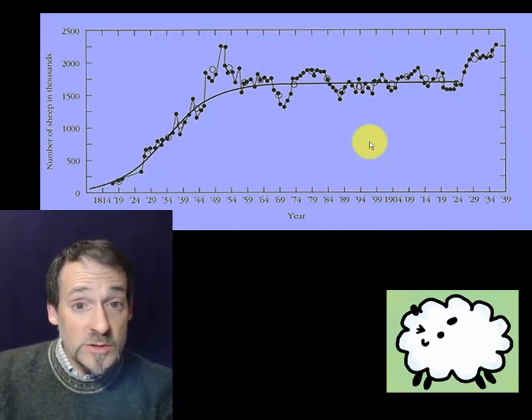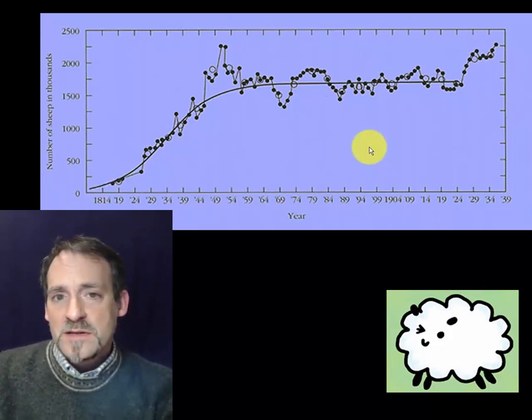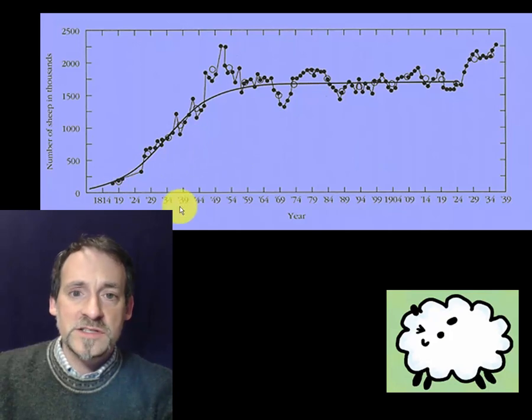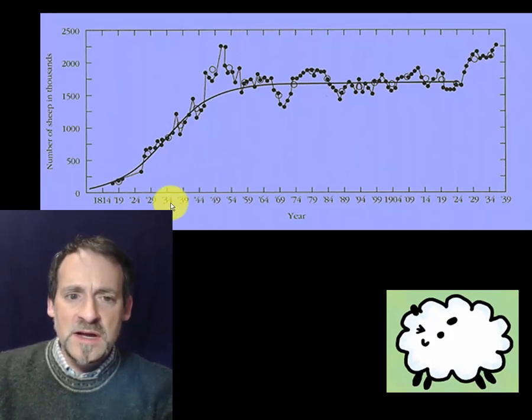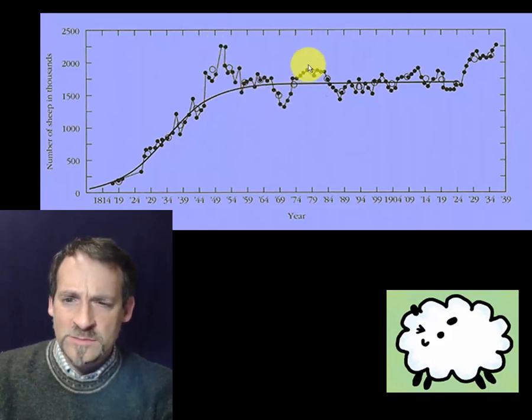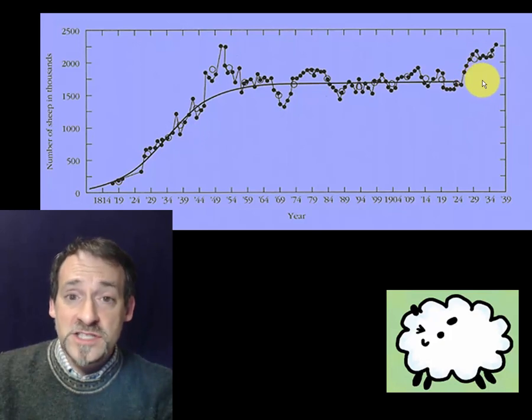Does this happen in the real world? Yeah, it does. This is the historical data for the sheep on Tasmania. And you can see there's a lot of noise here. Some years the population goes up, some years it goes way down. But over the long term, it does a pretty good job of tracking this solid line. And the solid line is a logistic population growth equation.